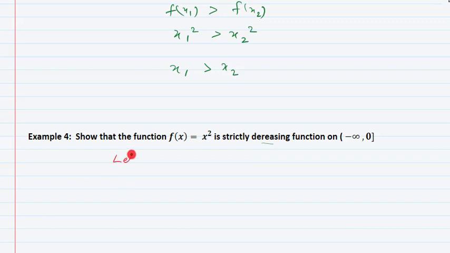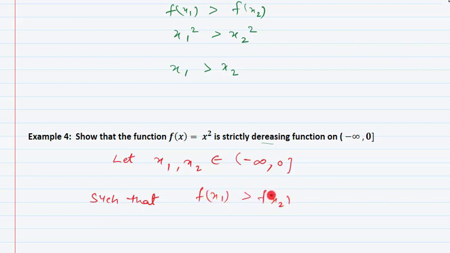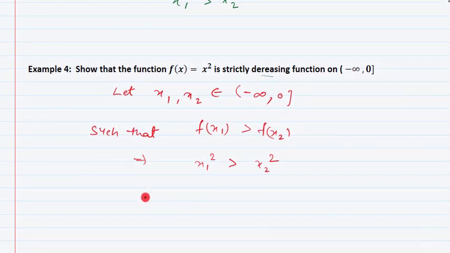Let x1, x2 belong to the given interval, which is minus infinity to 0, such that f(x1) is greater than f(x2), which implies x1 square greater than x2 square, and which implies the result x1 less than x2.